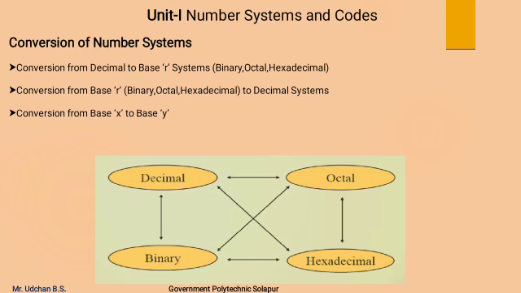After that we will see conversion from base R, that is from binary to decimal, octal to decimal, hexadecimal to decimal conversion. After that we will see conversion from base X to base Y. For example, we can convert any base into another base, that is base 2 can be converted into base 8. We will see one by one.